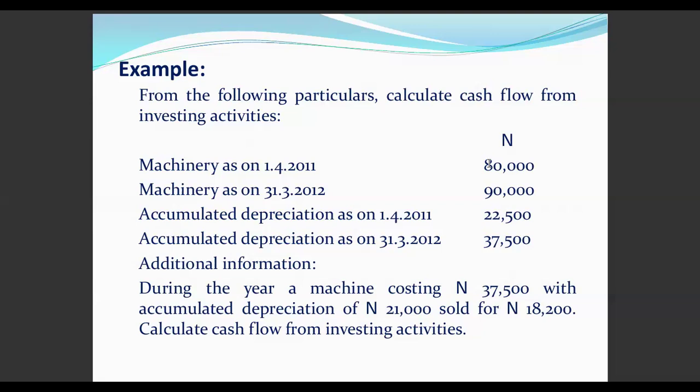The accumulated depreciation was 22,500 and at the end of the period it is 37,500. During the year, a machine costing 37,500 with depreciation of 21,000 was sold for 18,200. Find out the cash flow from investment activity.